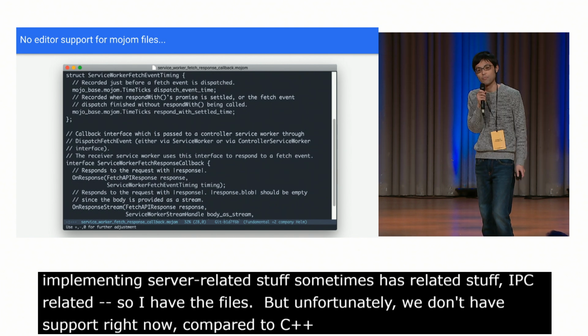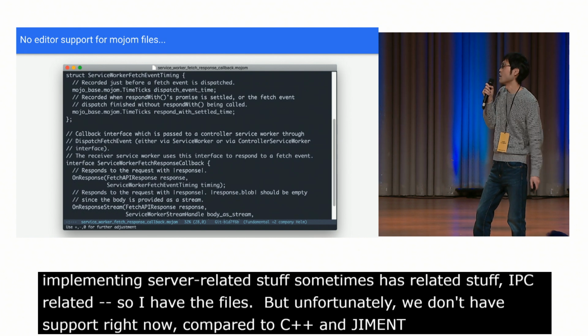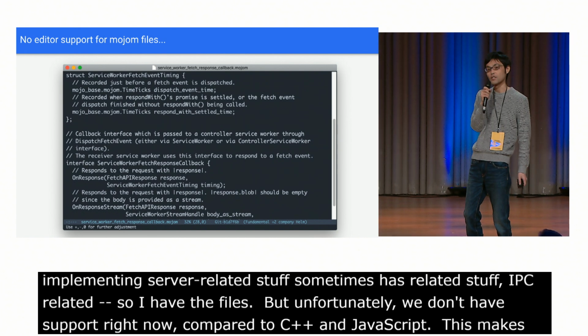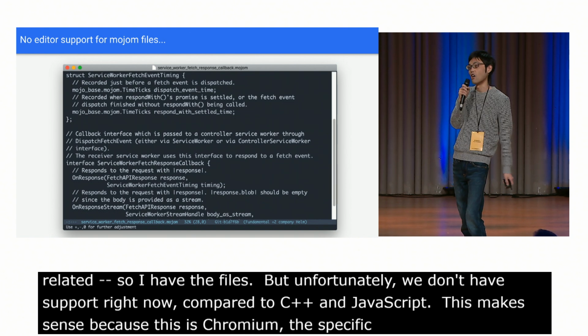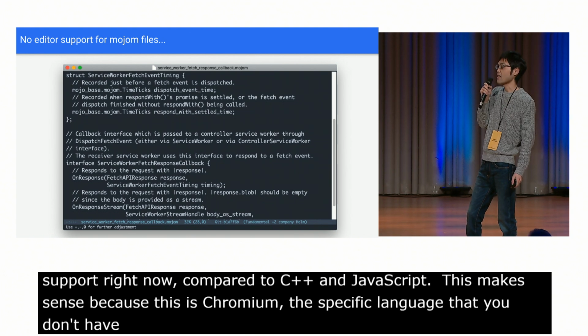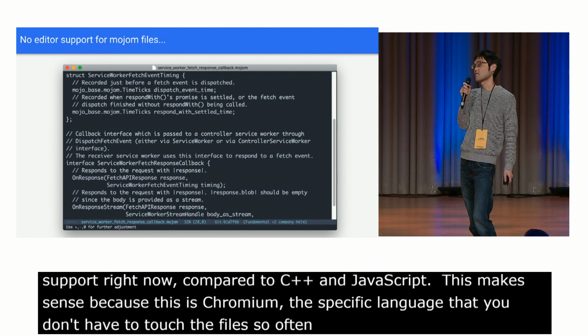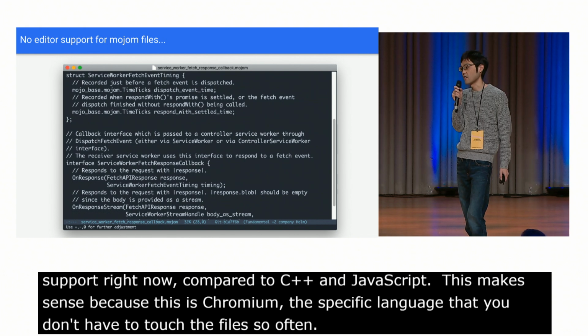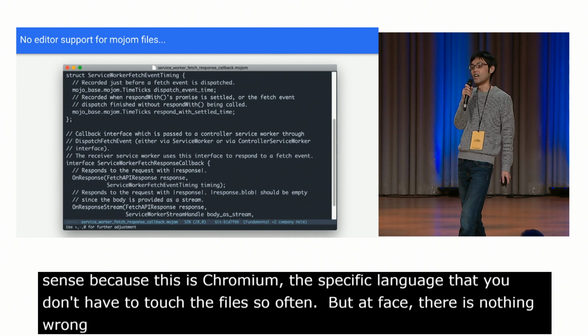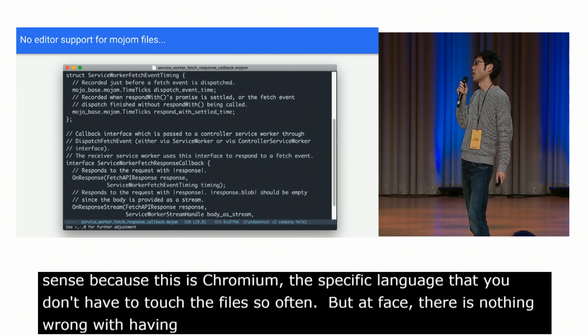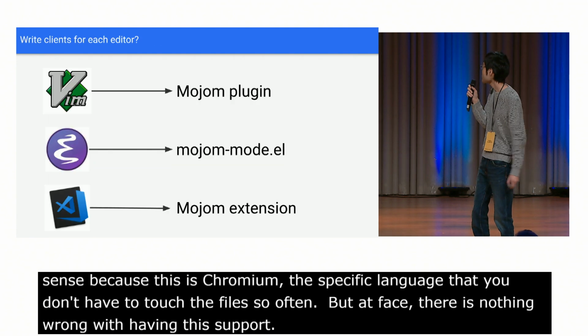This makes sense because this is a Chromium or Blink specific language, and people don't have to touch mojom files so often. But that said, there's nothing wrong with having better editing support. And I thought it might be a fun project, so I decided to do that.